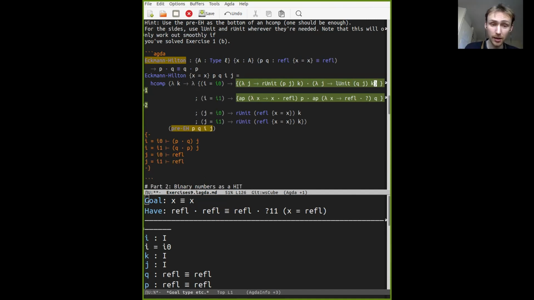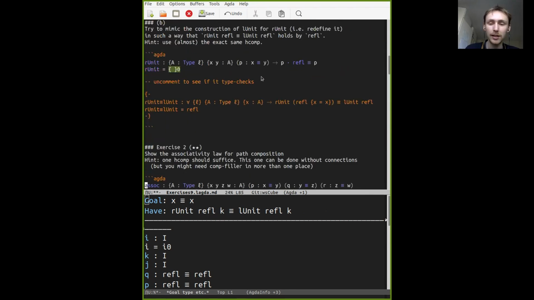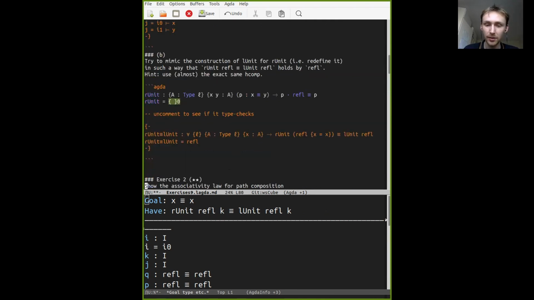Now, is this going to type check? Maybe. Actually, why does it type check? It shouldn't type check. Did I do the right unit law here? No, I didn't. Okay, sorry. I forgot to do the right unit law. I'm just going to paste it in from the solutions. We already have a right unit law, right?